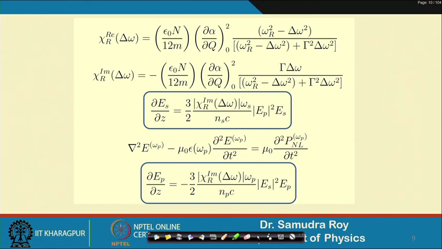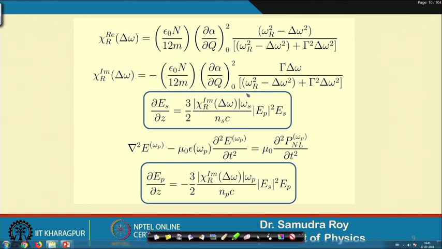The imaginary term basically gives rise to some kind of gain effect, because on the right hand side we have to have some term which is independent of any i, because whenever we have i, that basically designates that the phase is going to be modified, not the amplitude. But if this coefficient is a real coefficient, then this equation gives us something related to loss or gain. Here everything is positive, and there is a positive sign here.